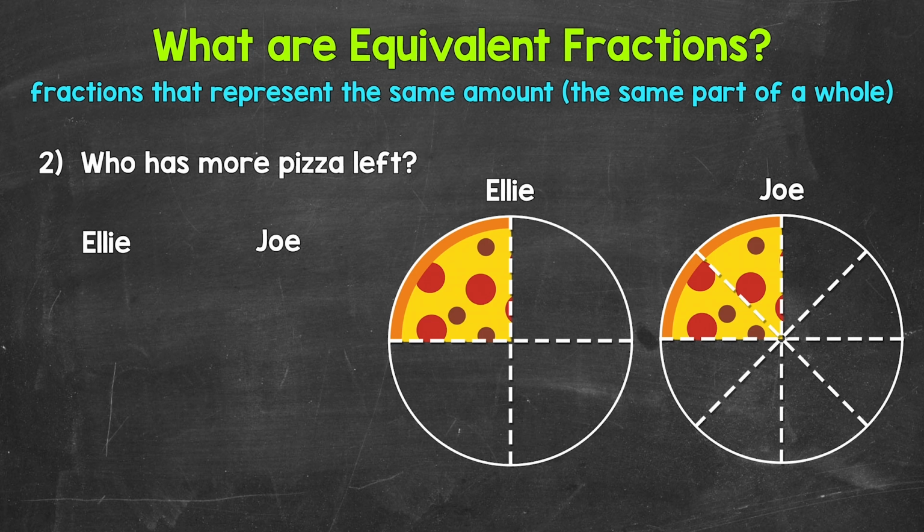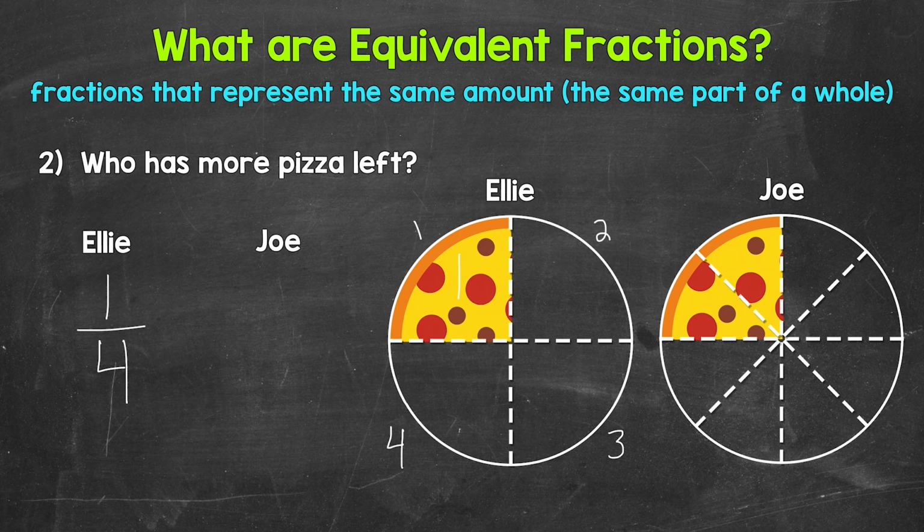Ellie's pizza was divided into 1, 2, 3, 4 equal slices. So 4 is going to be the denominator. And then 1 slice is left. So 1 is our numerator. So Ellie has 1/4 of the pizza left. Now for Joe's pizza.